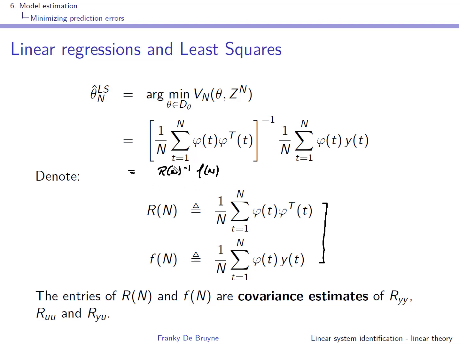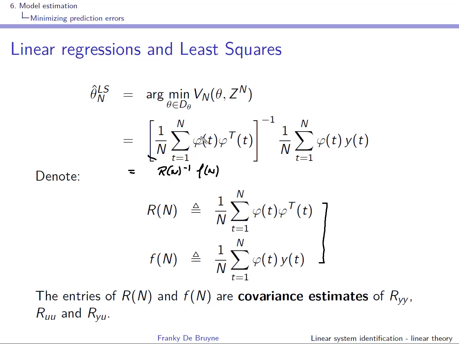Of course, this matrix has to have an inverse, so you can check the rank of this matrix. If this matrix is ill-conditioned, so that it is almost singular, well, you could have problems. But normally, if you have done your experiment design sufficiently well, in the sense that you have excited the system enough, and that you haven't chosen the number of parameters too high, this should not be a problem.